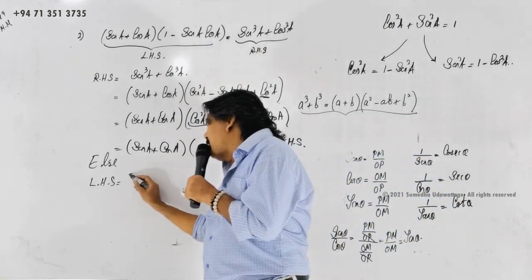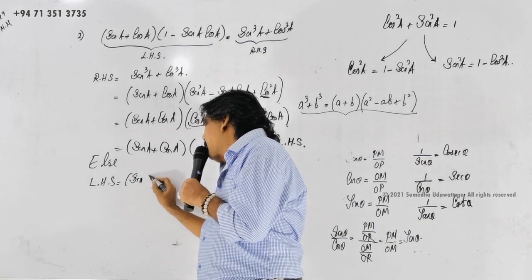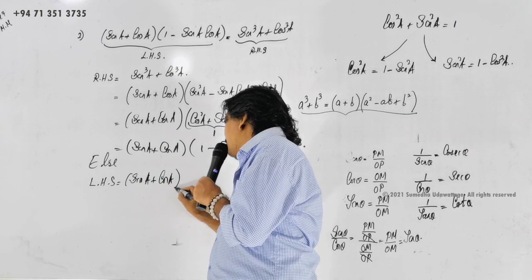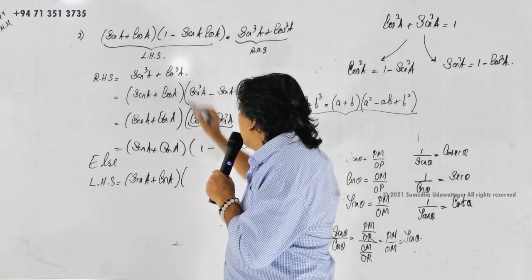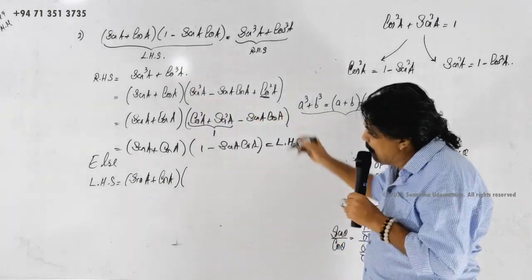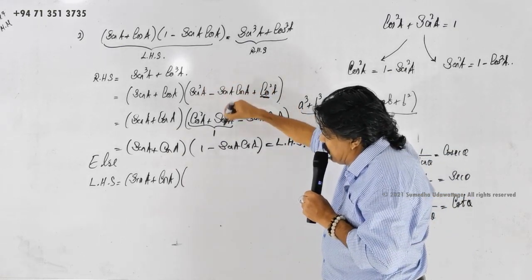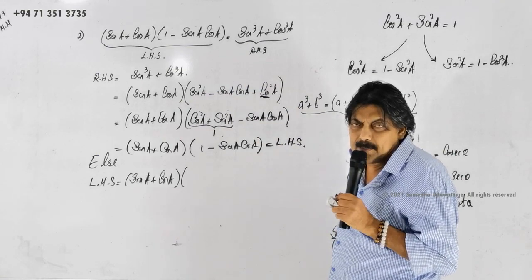If I start from the left hand side, sin A plus cos A, then this one, a little before, instead of cos square A plus sine square A, you wrote 1.